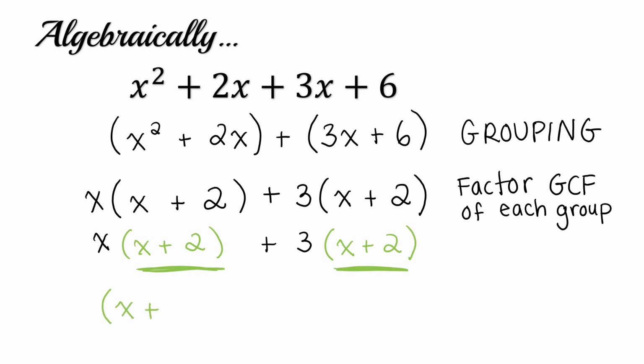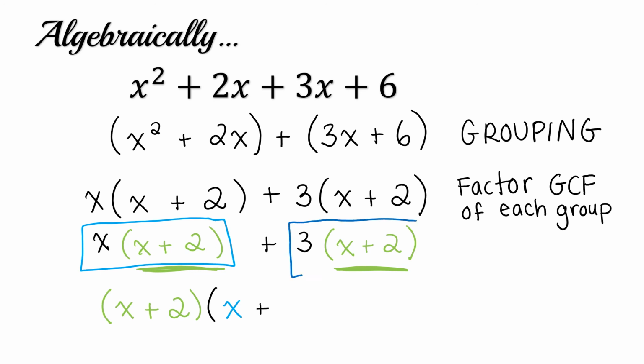So I have the quantity of x plus 2 times, well, x times the quantity of x plus 2 divided by the quantity of x plus 2 leaves me with just x, plus 3 times the quantity of x plus 2 divided by that x plus 2 leaves me with just the 3.